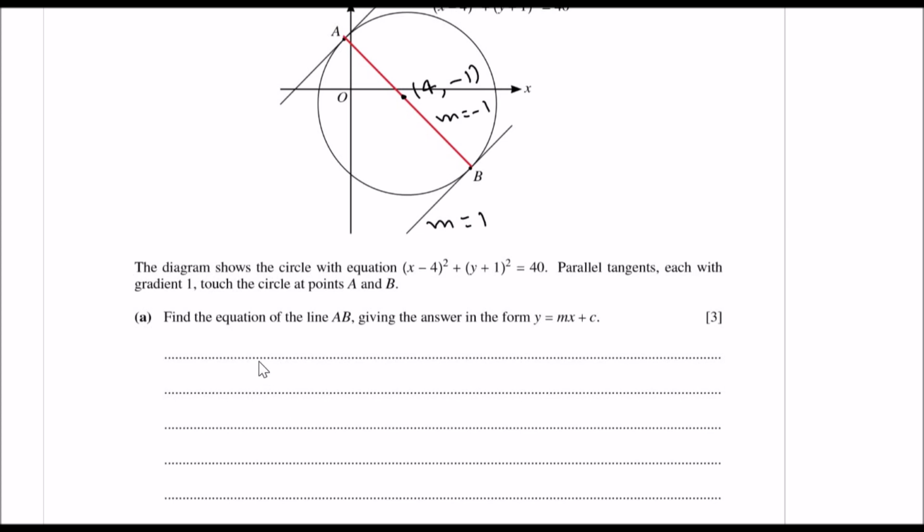We have m_AB equal to -1 and center is (4, -1). So y minus y1 is y plus 1 equal to m, which is -1, times (x minus 4).